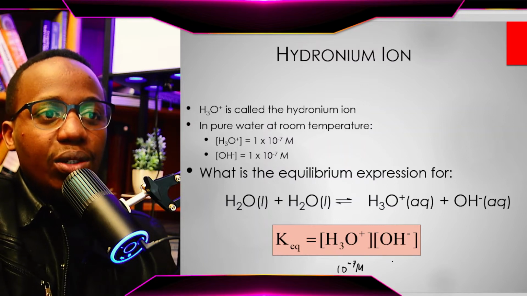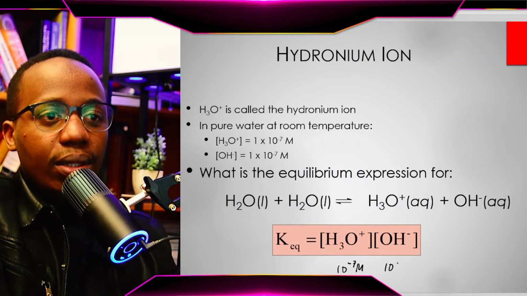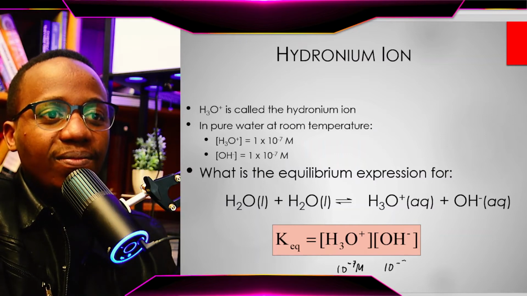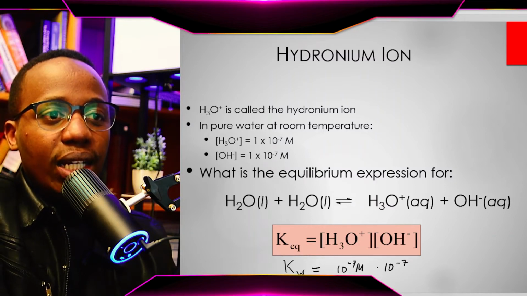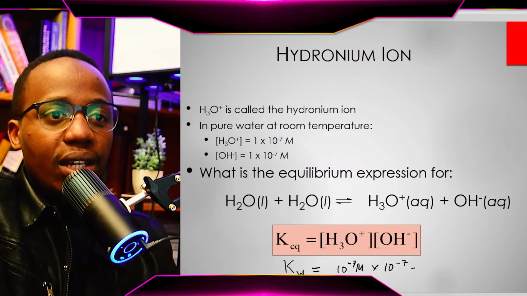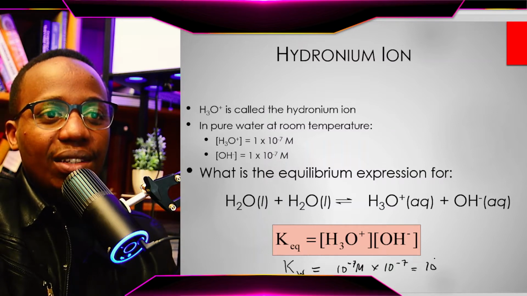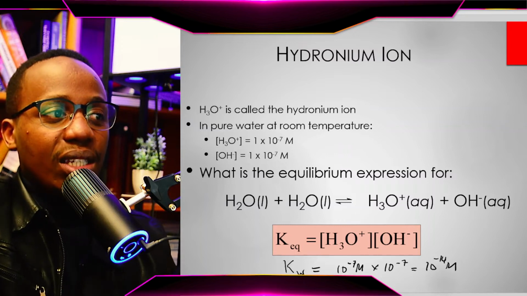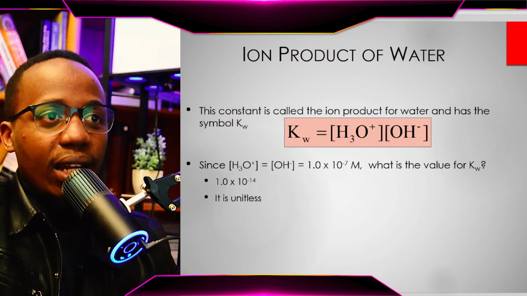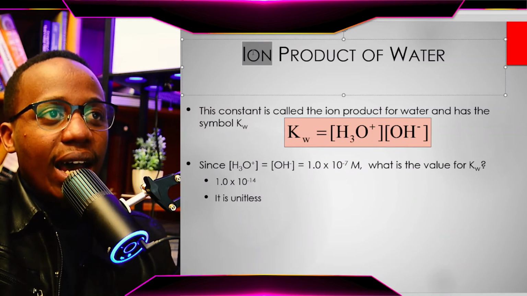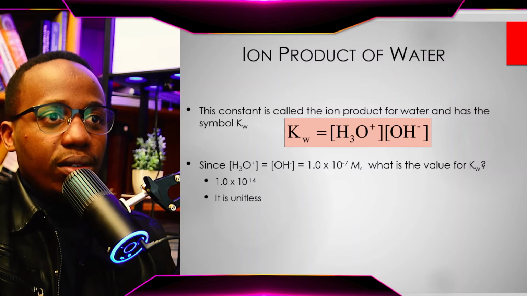So they both equal 10 to the negative 7. So the KEQ of water, that we call KW, is equal to 10 to the negative 7 times 10 to the negative 7, which is equal to 10 to the negative 14 molar. And that has some implications that we'll talk about later today. But right now, you need to know that this is called the ion product of water, KW.